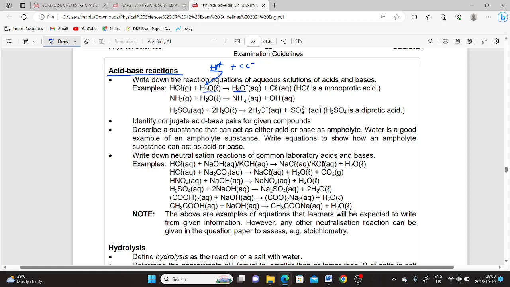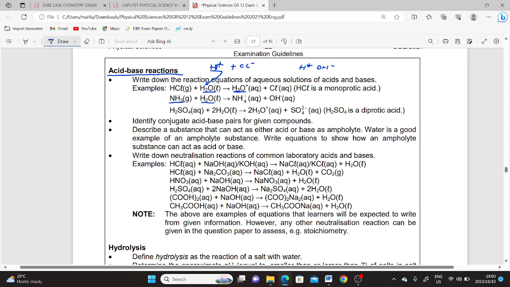Now NH3 plus H2O. Looking at this one, NH3 is a weak base. If it's a weak base, then it must accept the proton. So NH3 accepts a proton from H2O, which when it ionizes gives H+ and OH-.